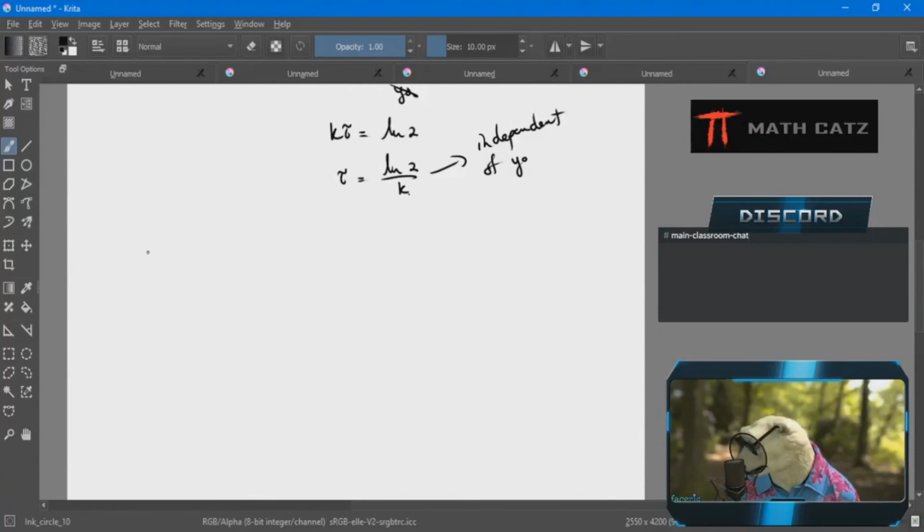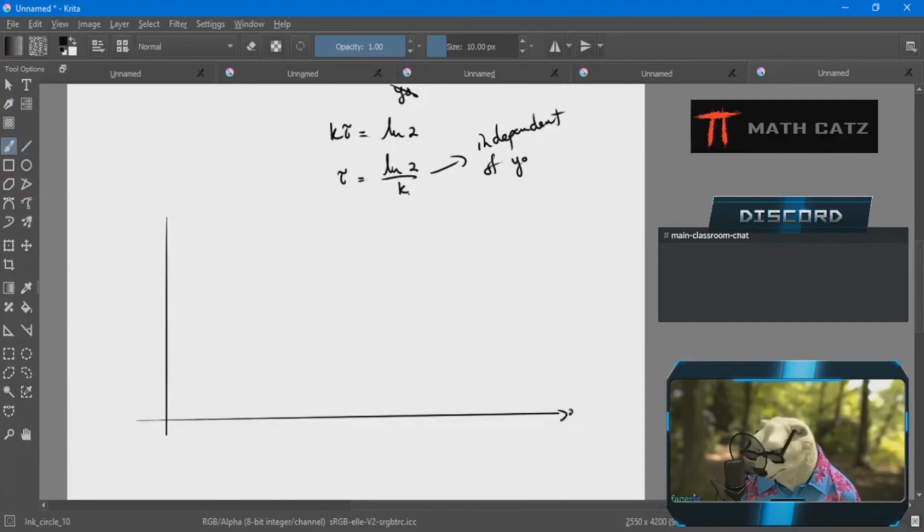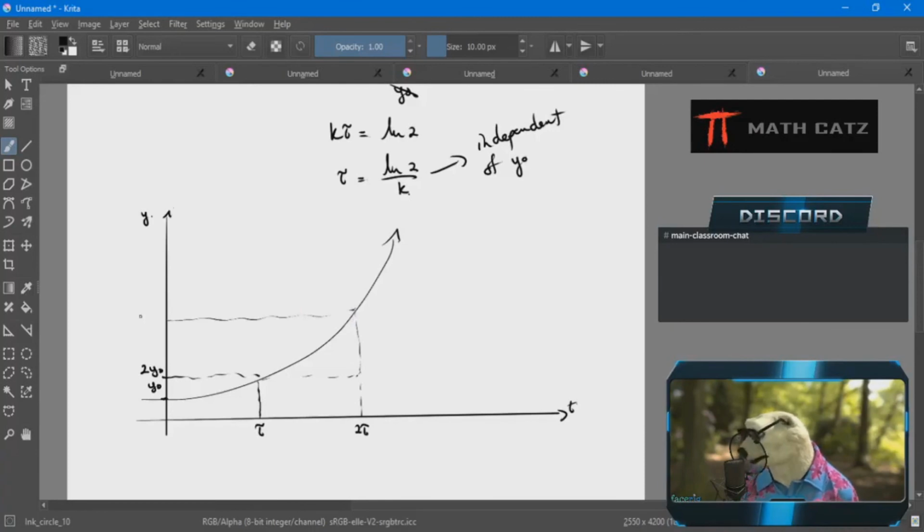So if I were to graph this out quickly, I have my population size, my exponential growth here. Whatever I start with, it's going to take a certain length of time, tau, to double to twice what it was. It's going to take the exact same length of time to double what it was previously, so 4 times.